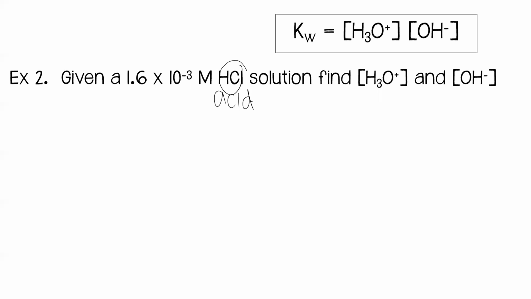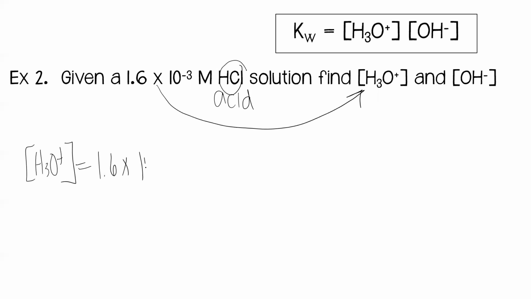Once again, if it's an acid, the concentration, the molarity, equals the hydronium ion. That's a given, we already know that. In these problems, you have to know one or the other. We also know that Kw is equal to 1 times 10 to the negative 14th.